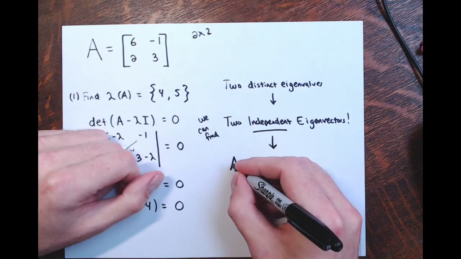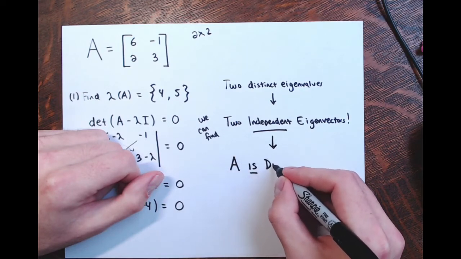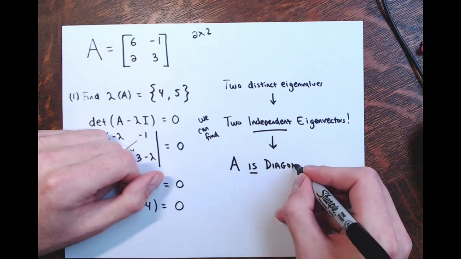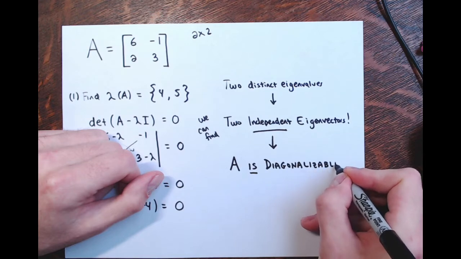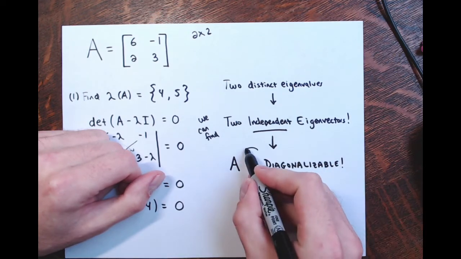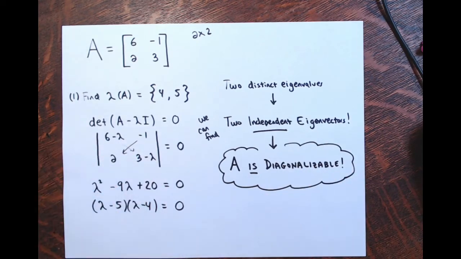So without even finding them, I can tell you that A is diagonalizable. And let me actually go into the process of doing this.